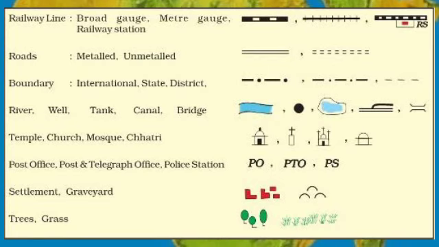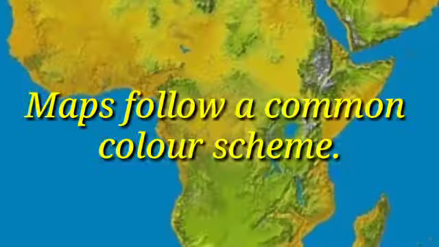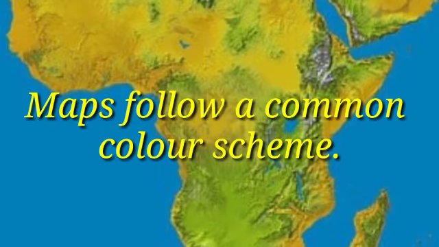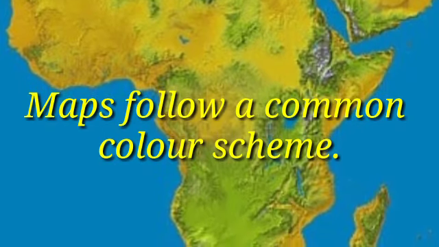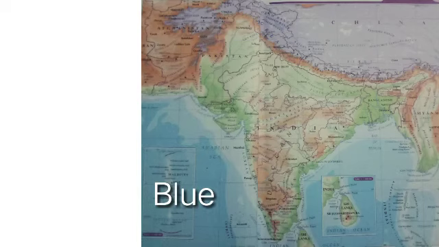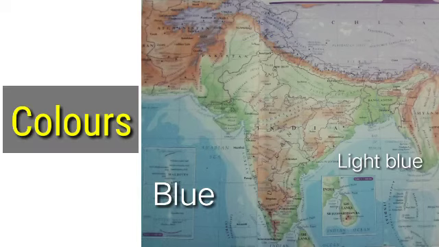Now let's talk about colors. We use different colors to show a variety of things on a map. Generally, maps follow a common color scheme. For example, on a physical map, water bodies are shown in shades of blue. Light blue is used for shallow waters and a darker shade of blue for deep waters.